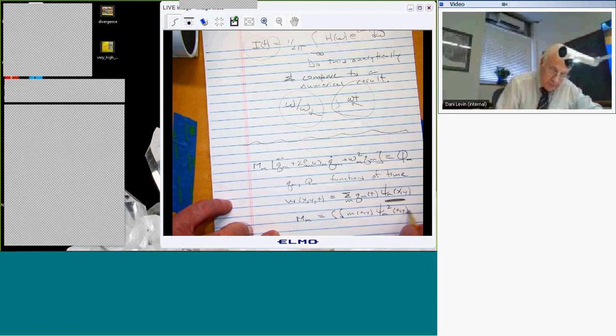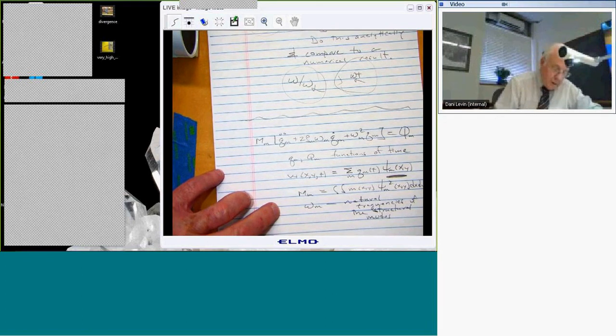The omega sub m are the natural frequencies of the structural modes. What else? Oh, zeta m, of course, are the modal damping coefficients.